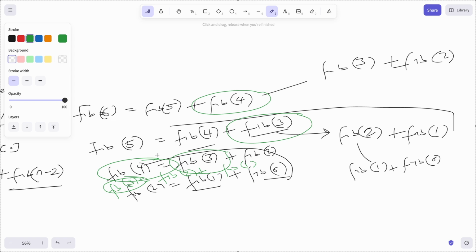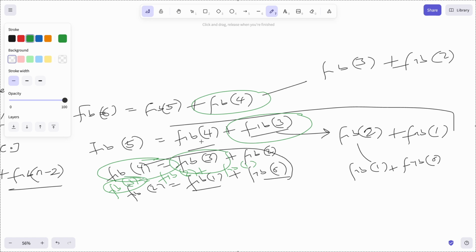In trying to solve for one part, we could have seen the solution to another problem that we need. Instead of solving this fib of 4 multiple times, in this case it is twice.